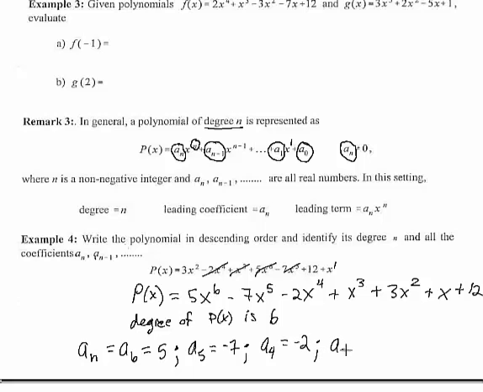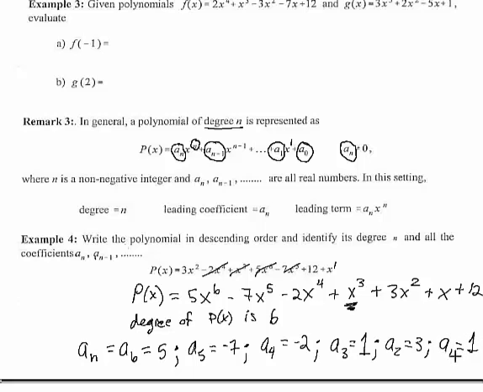We have an A3, that would be 1. Here is the A3 term, or the term with the exponent of 3, and there's just a 1 there. A2 would be 3, A1 would be 1.